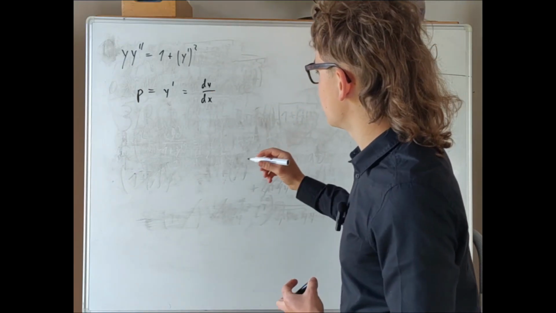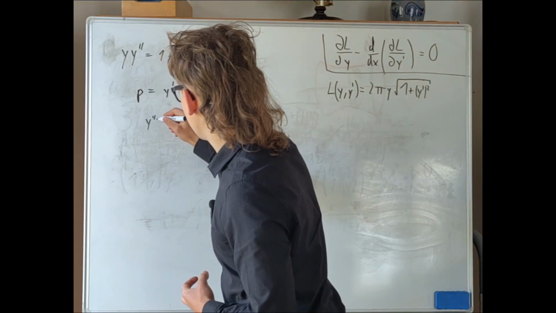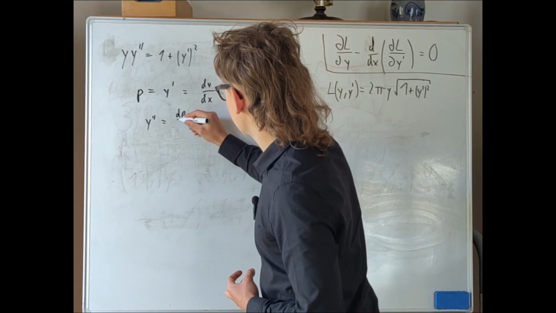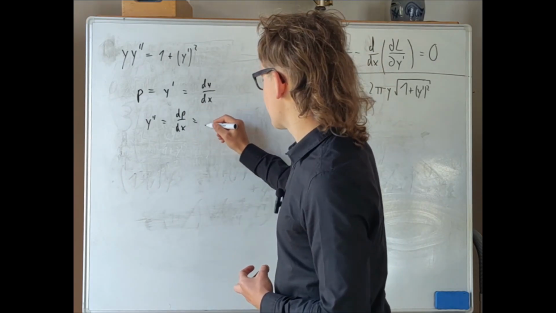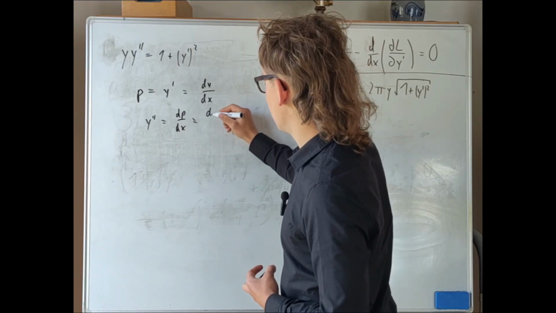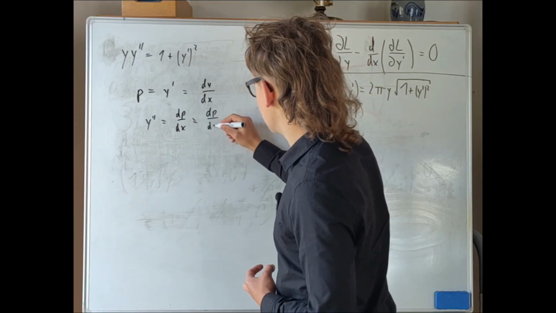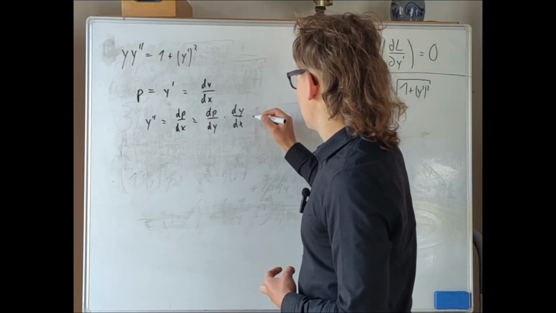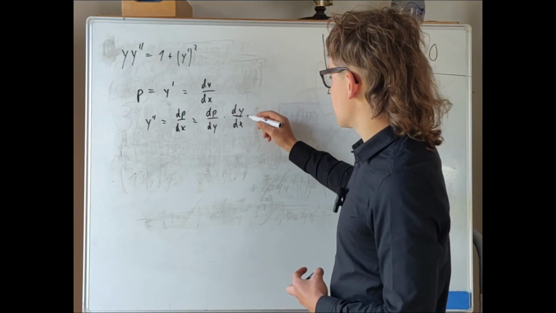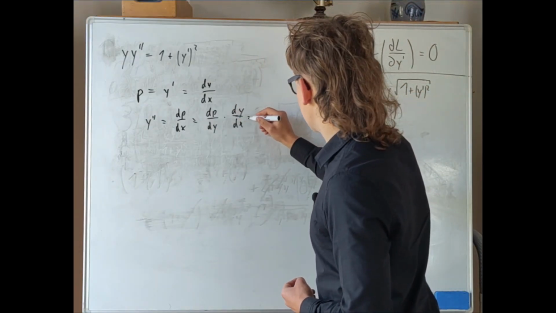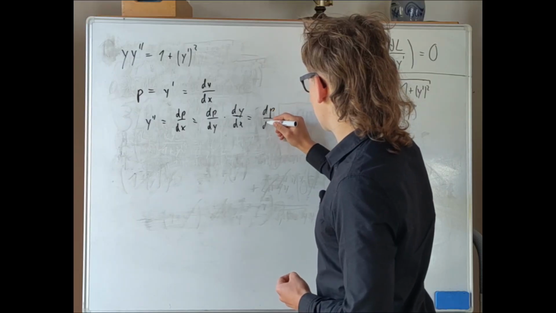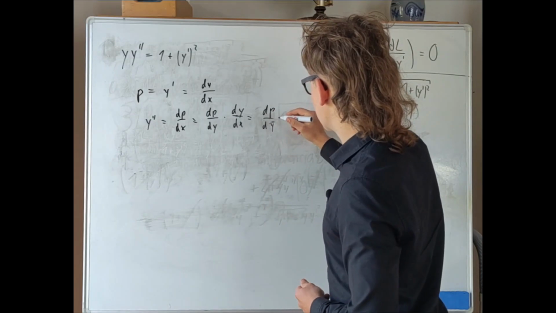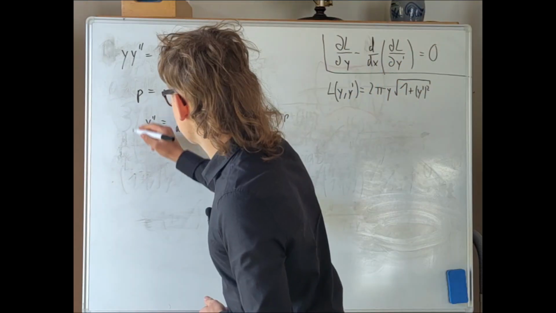And now we want to find out what y double prime is, and this is of course dp over dx, which is just equal to, we can introduce a new variable, dp over dy times dy over dx. And of course this is just equal to p, so we get dp over dy times p. This y stays the same.